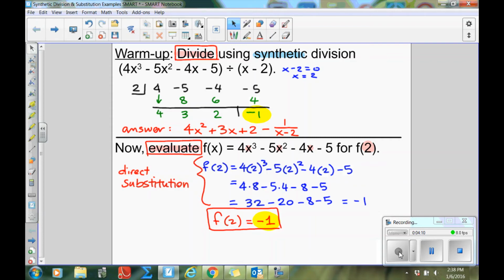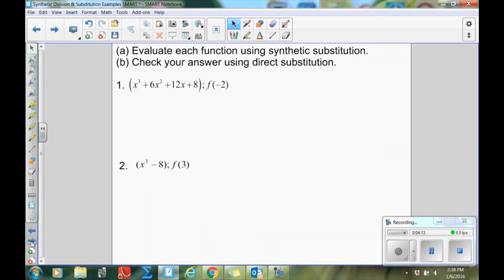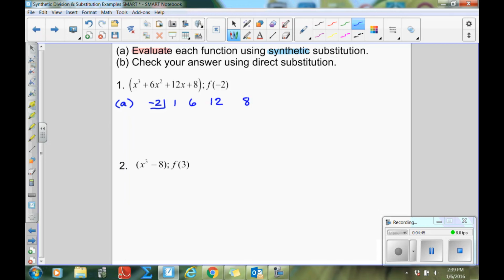So let's look at a couple more examples. Pay attention to directions. Part A says, evaluate, so that tells us my answer needs to be a value, not a polynomial, using synthetic substitution. Part A, I would put -2, that's my x value that's given, followed by coefficients. It does not need any 0 placeholders.